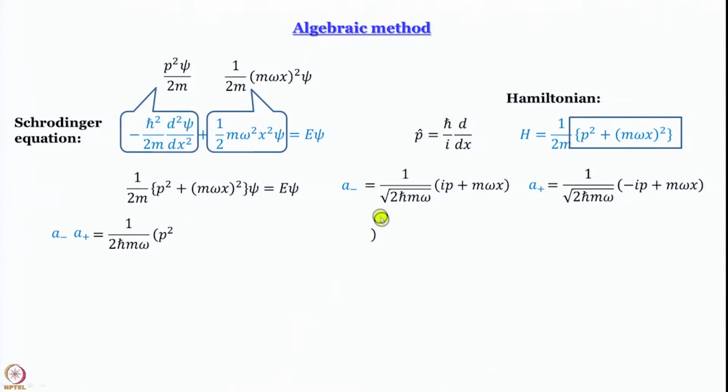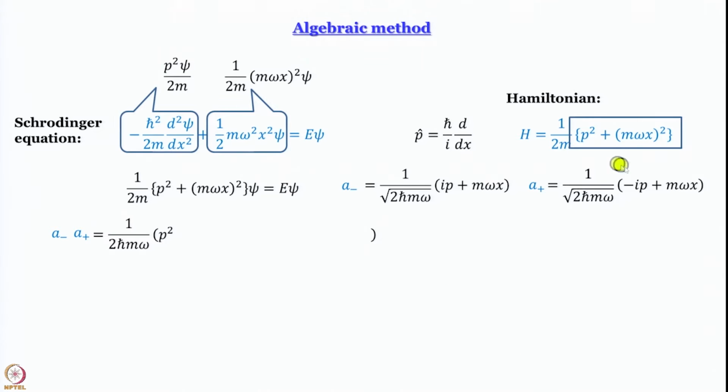First of all, the easiest thing to work with is this coefficient. So, let us take that out. 1 by square root of 2 h cross m omega multiplied by itself gives us 1 by 2 h cross m omega, the square root sign just goes, and inside the bracket the first term is i p dot minus i p.